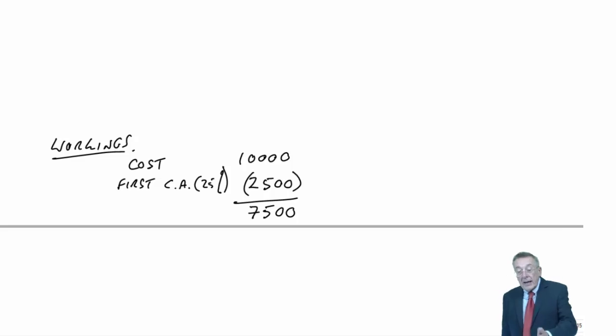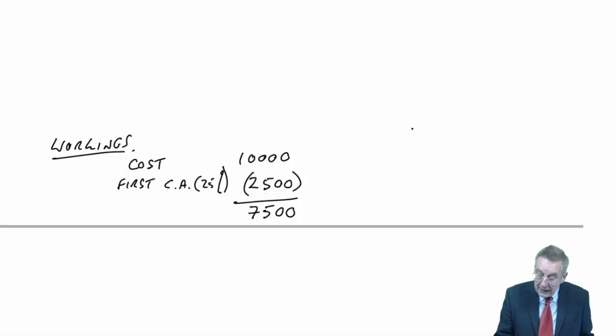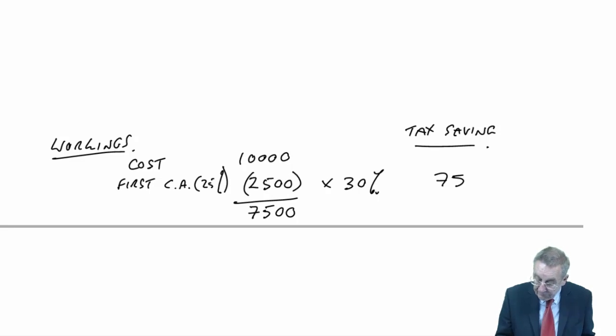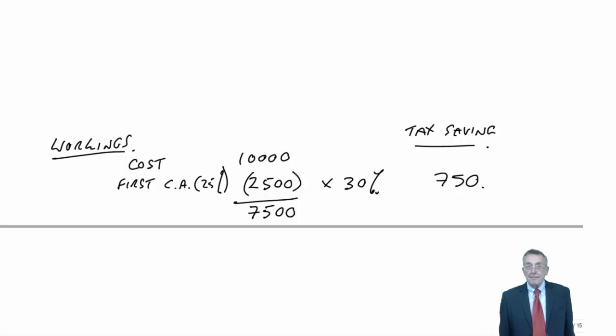So if the capital allowances are 2,500, well, with tax at 30%, the tax saving that will result is 750. So there is the cash flow that we're going to bring into our table, the tax saved as a result.